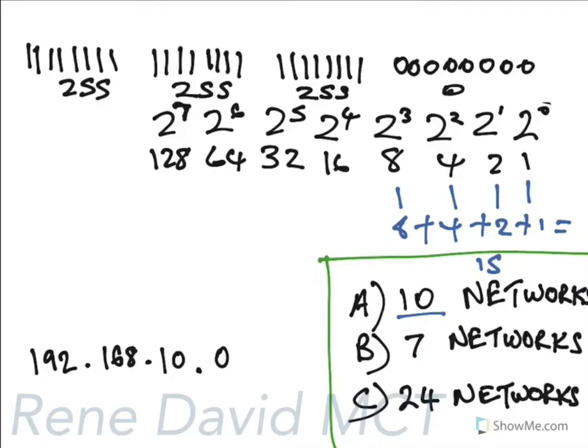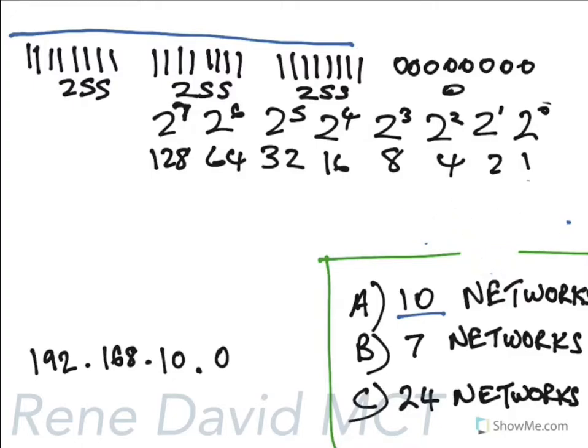Remember, these are 4 network bits, and network bits are always on the left, which means these 4 bits actually go up here. 1, 2, 3, 4, and whatever's left become our host bits, which are 0, right?